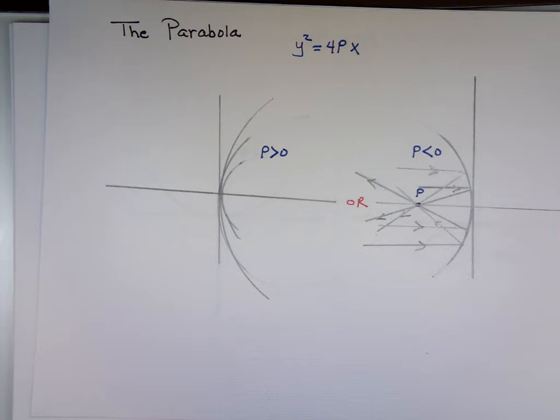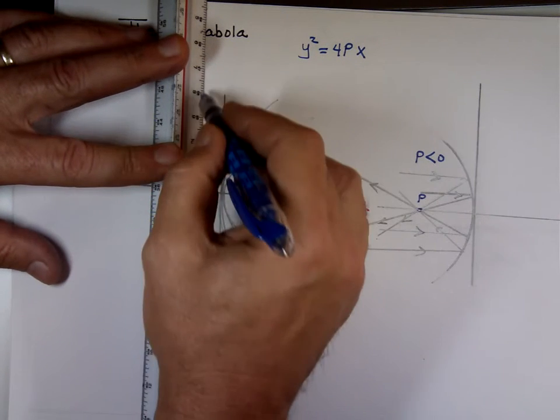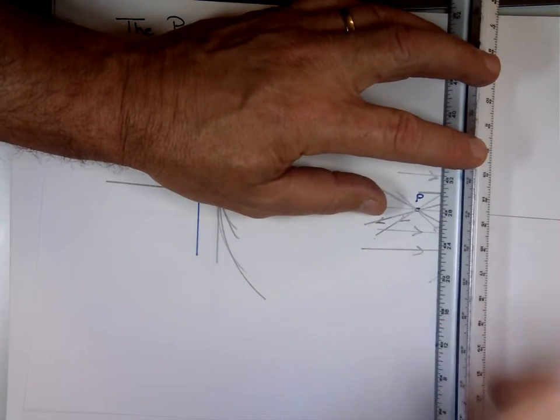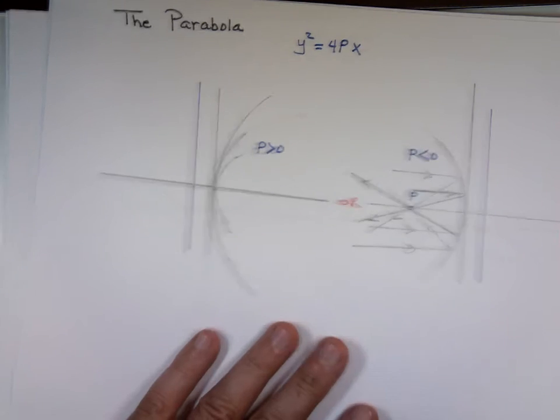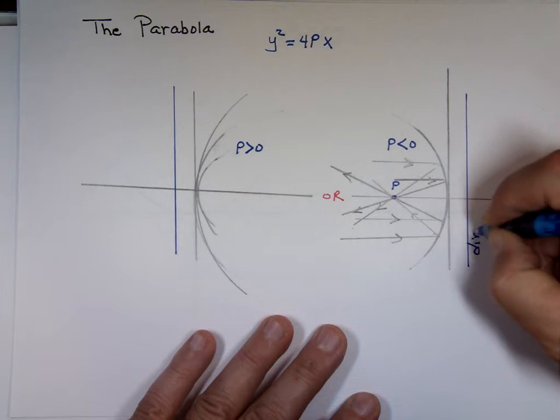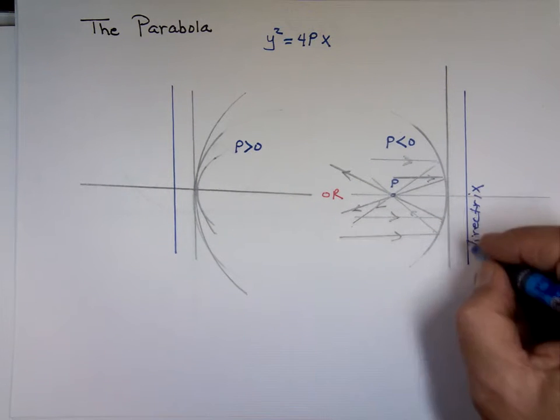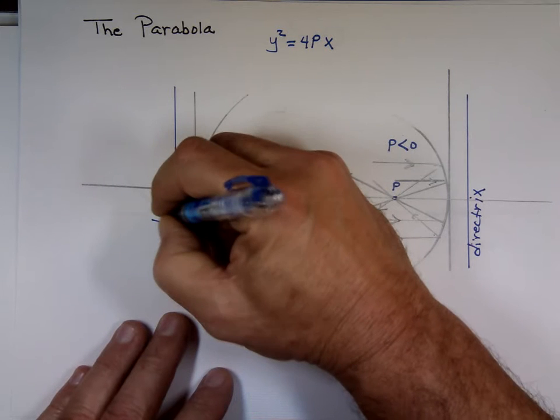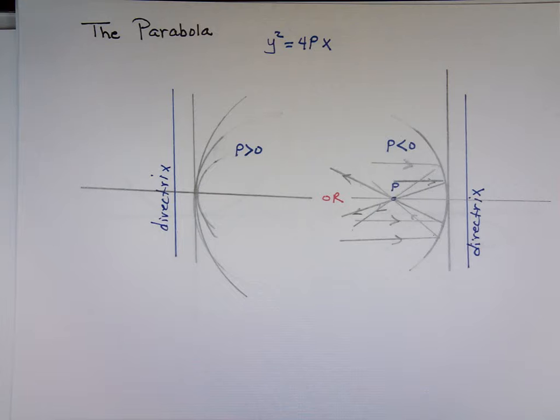Then we have another piece to look at. It's called Directrix. And that's a line right there. And that's the line right here. So this line is called Directrix. What's the point of this line?